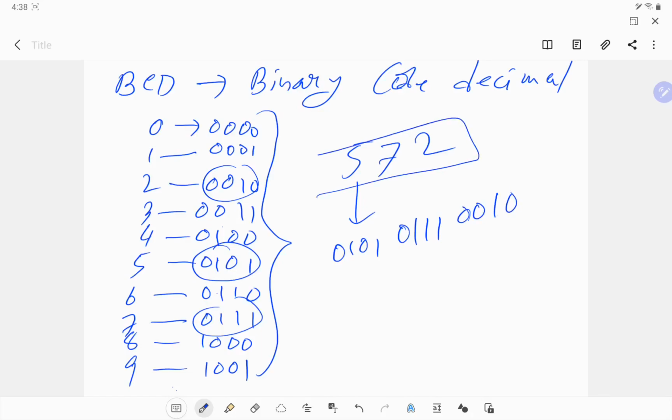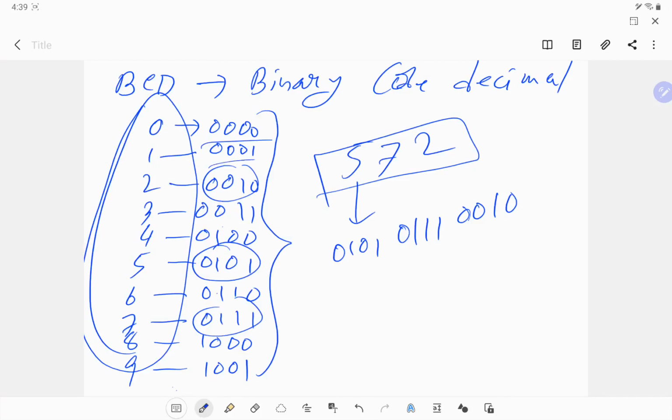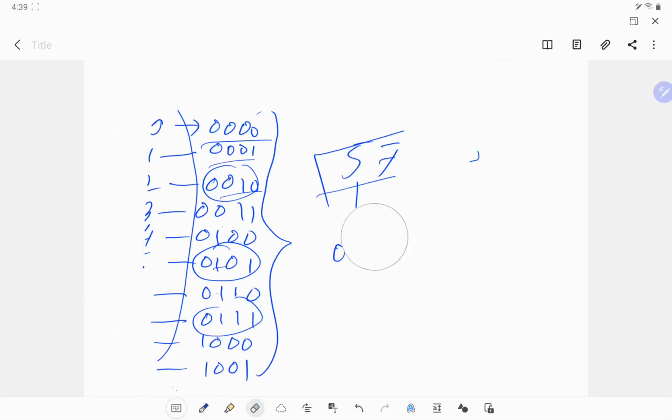So this representation of decimal number is called the binary code decimal, BCD representation. So in this representation we have 10 digits, and each digit we represent by using a 4 bit binary number. Now we want to design a BCD counter.